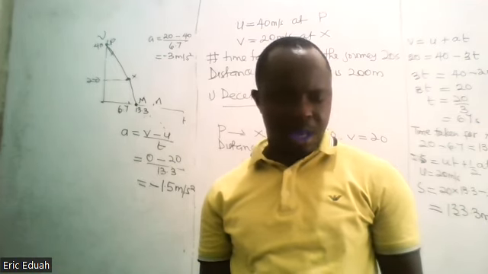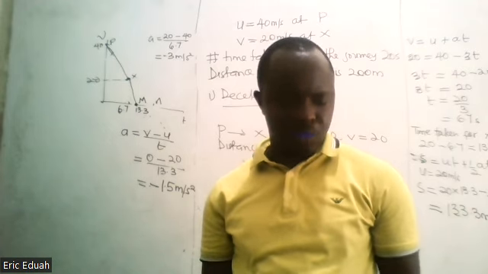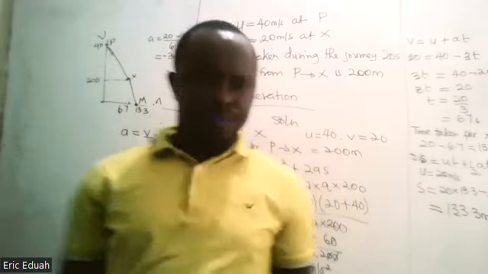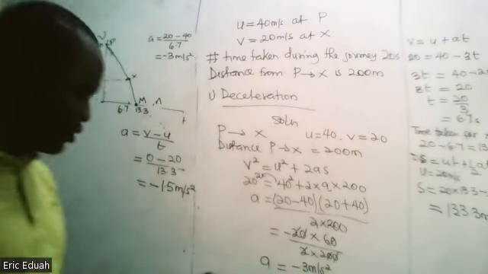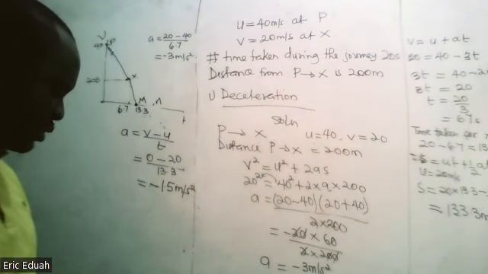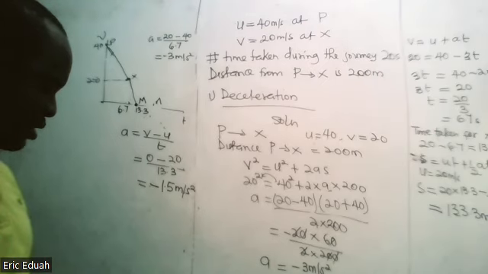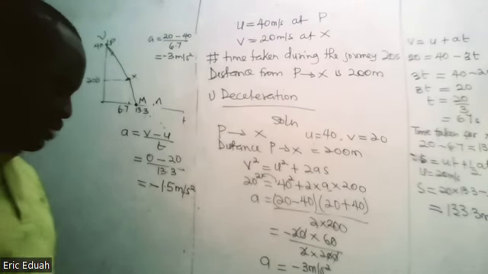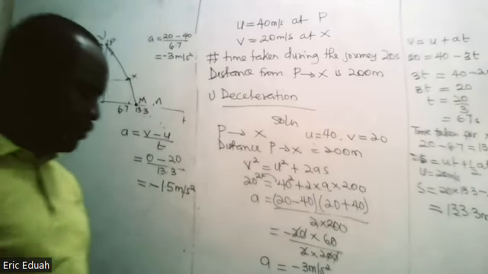B, how high will it rise? C, how long will it take to return to its starting point? D, the velocity V2 of the ball at this instant. And finally, E, the velocity V1 just before the body hits the ground and the total time of flight.